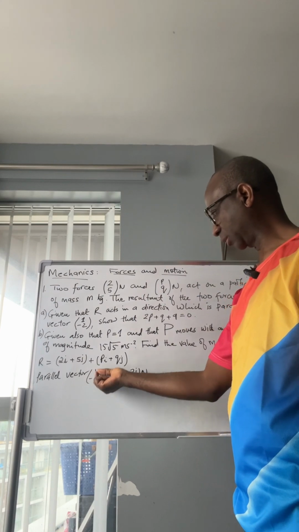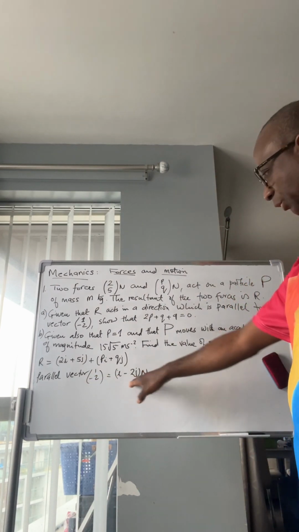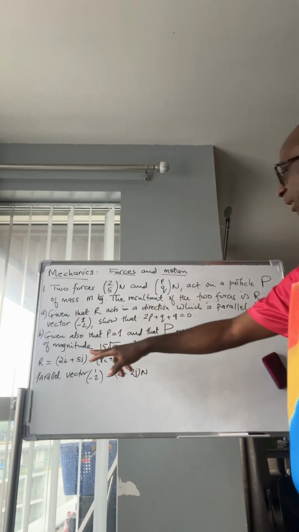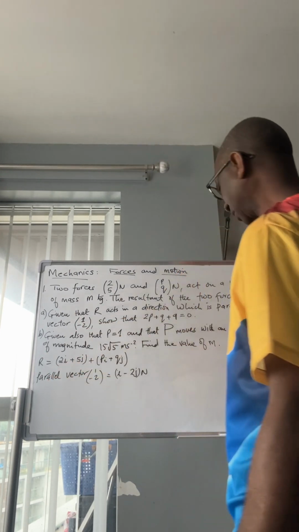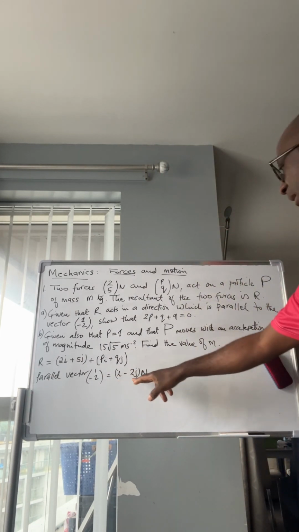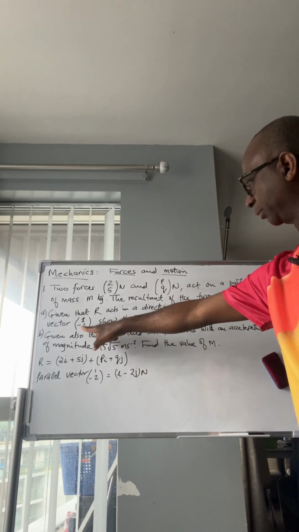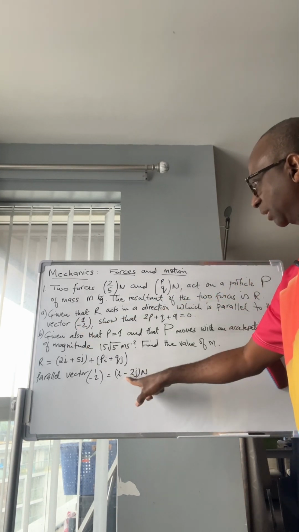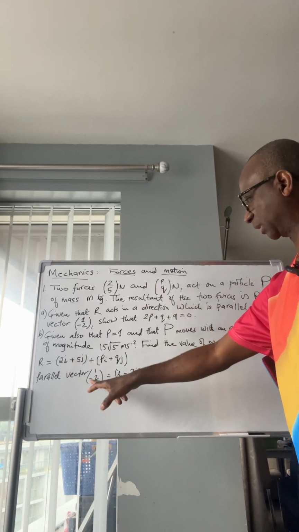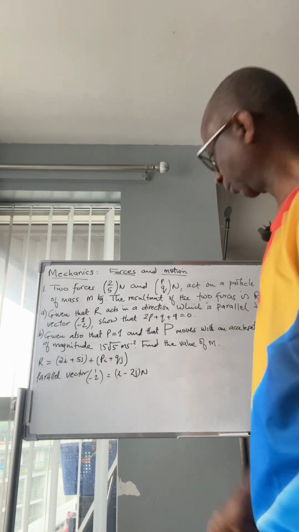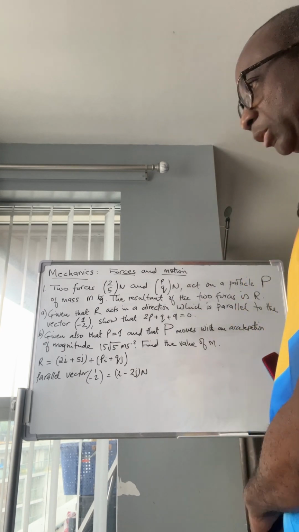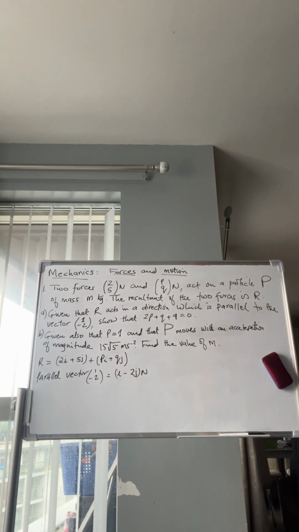From column matrix to the unit vector representation. We have represented this one because we are told the resultant of these two vectors that act on the particle is parallel to this other vector here, i minus 2j. This has a negative here, so it's minus. If there is nothing there, you can see we put plus, plus, plus. But once the sign is indicated as negative, you have to reflect that in the unit vector expression.